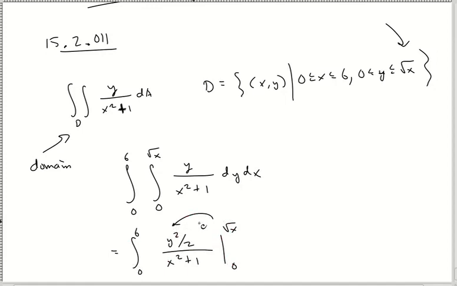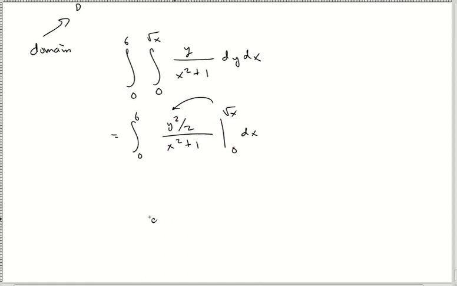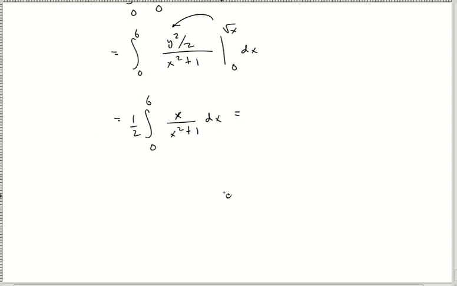When you toss that guy in, square root of a square cancels one another to make a regular x. Then the half, I guess you could just pull it to the front. I'm going to pull it to the front. So regular x there, x squared plus 1 right there, dx. Cool. So what do we do now is use substitution. u is x squared plus 1, du is 2x dx, and then dx is du over 2x.